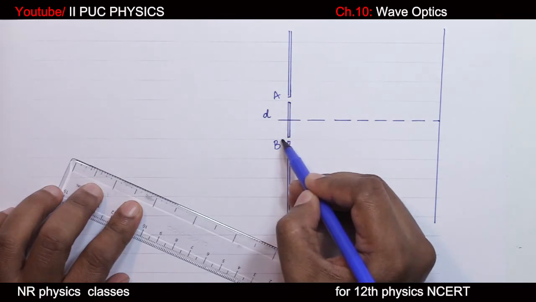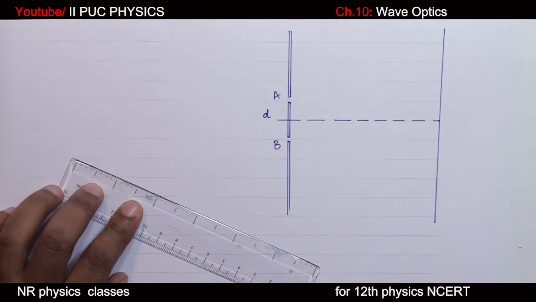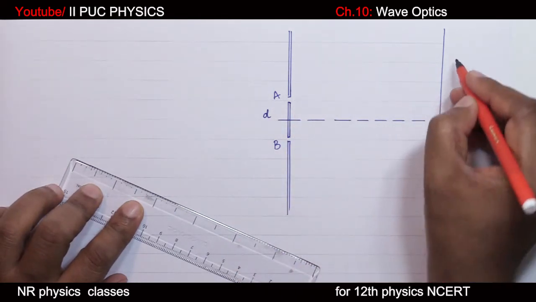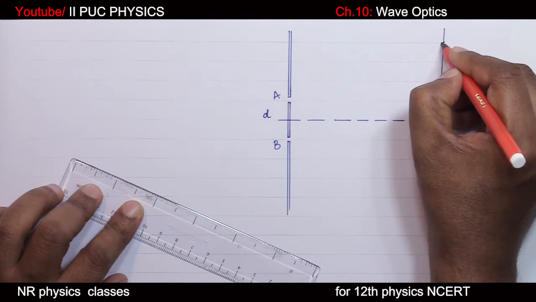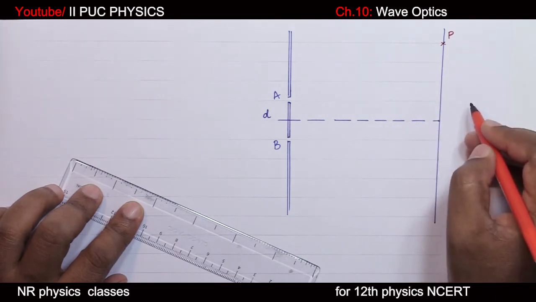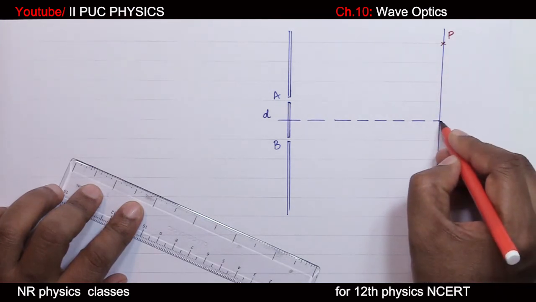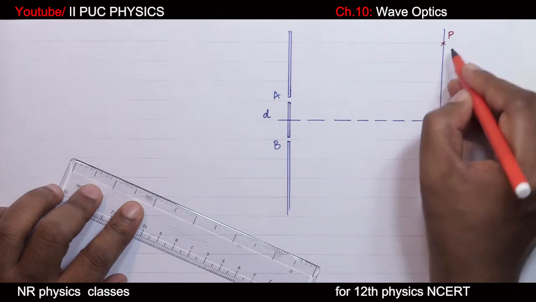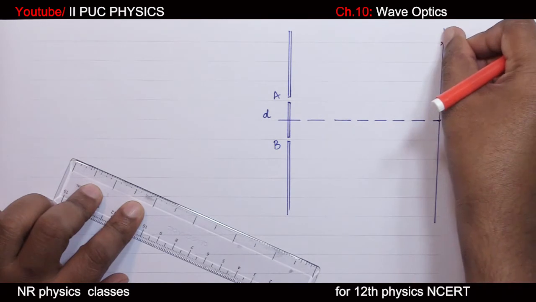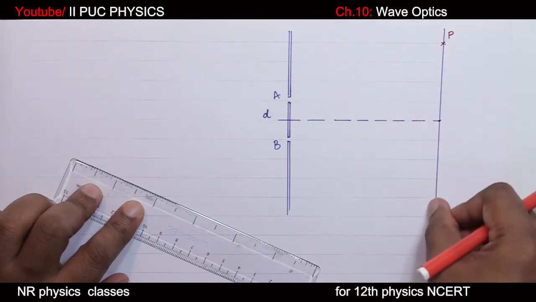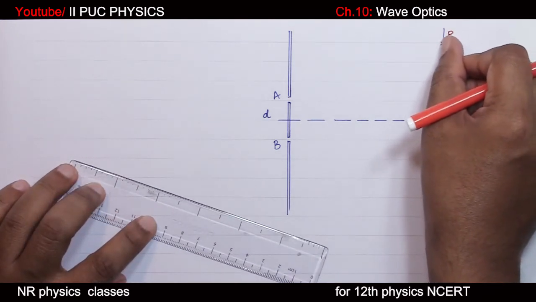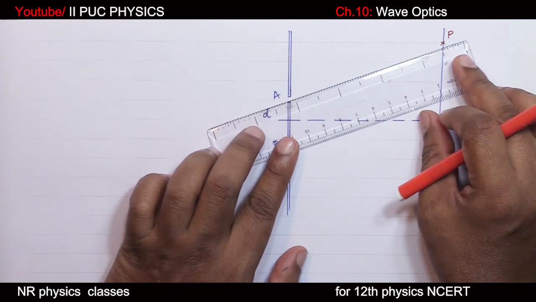From A and B, light emerges, and let this be some point P on the screen. So P is a point at a distance x from the center of the screen. This P receives light from A and B. Students, remember, each and every point on the screen receives light. So this is one such point. Since we are interested in this region, we have to show light reaching that point P.